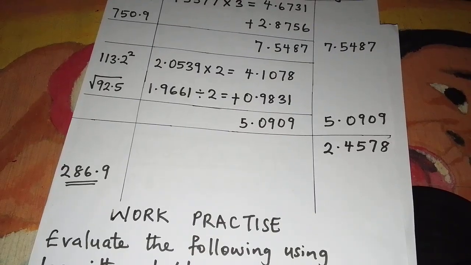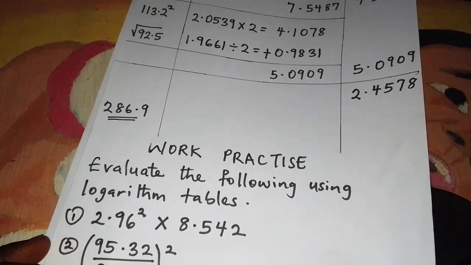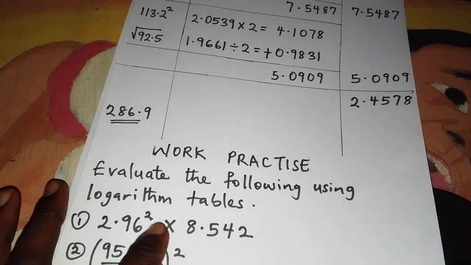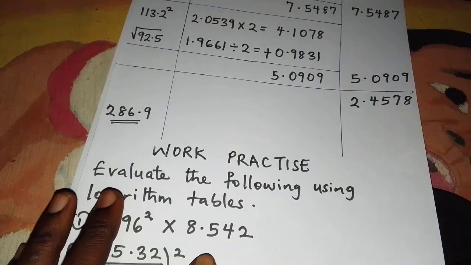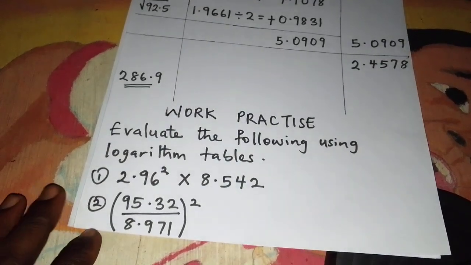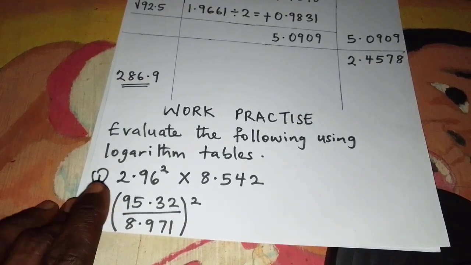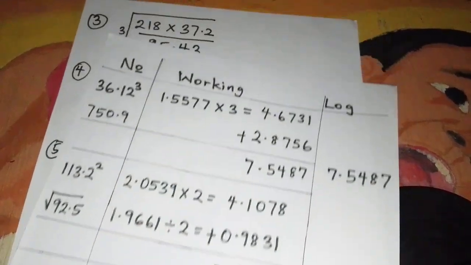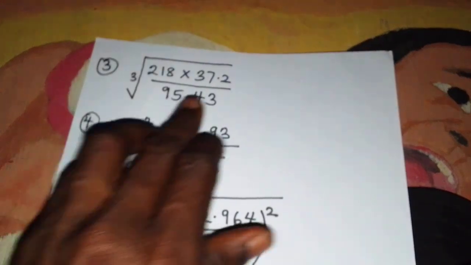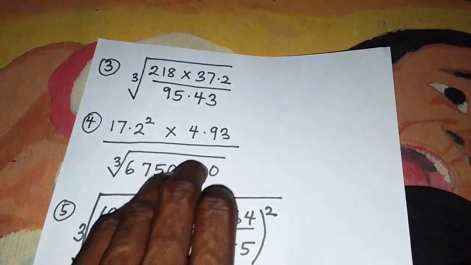So for the work practice, evaluate the following using logarithm tables. Number 1, 2.96 squared times 8.542. Number 2, you're having 95.32 divided by 8.971, everything squared. Number 3, the cube root of 218 times 37.2 divided by 95.43.